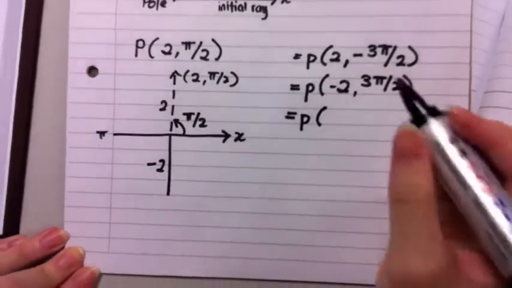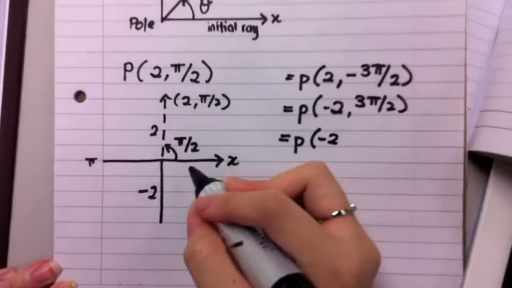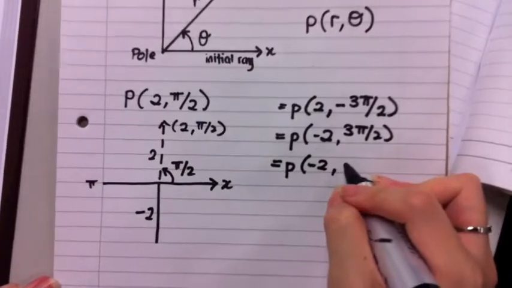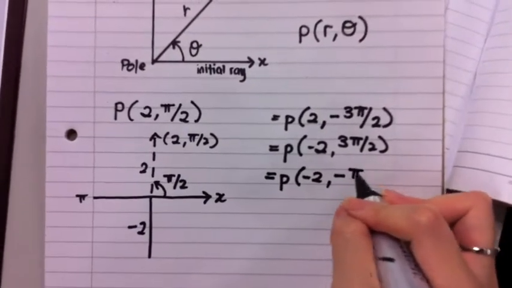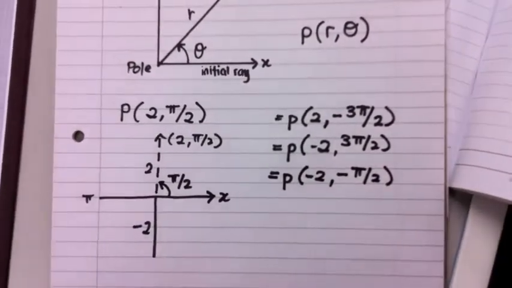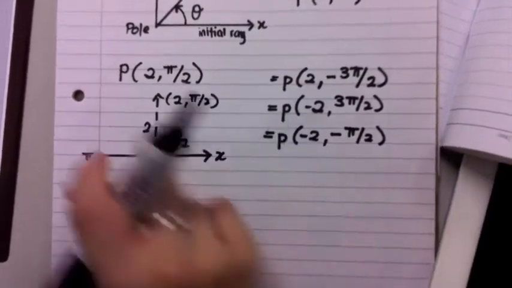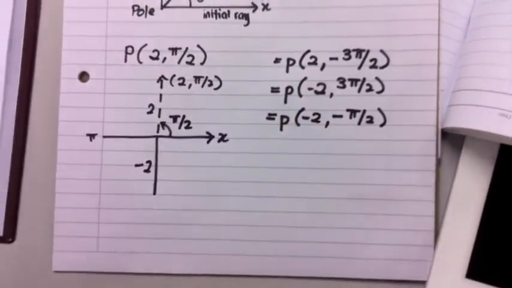And one last one is going backwards, making it negative pi over 2. So these are the four ways of writing it.